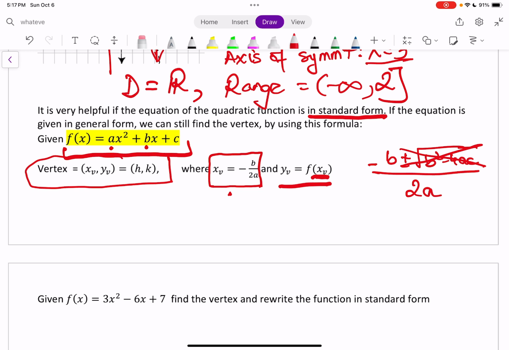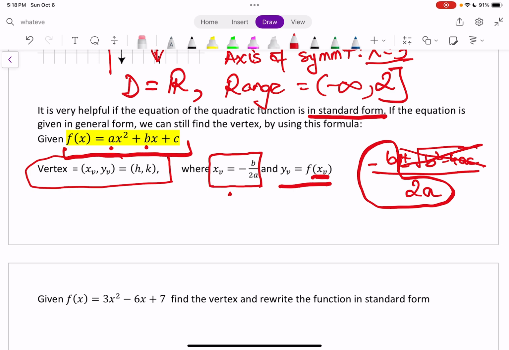Basically, what happens at the vertex is the quantity inside the square root becomes 0. So if you have learned the quadratic formula, great. You will also know what the vertex formula is because it's just this piece of it from the quadratic formula.